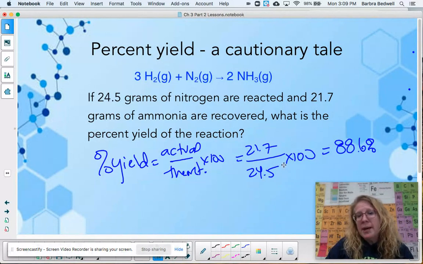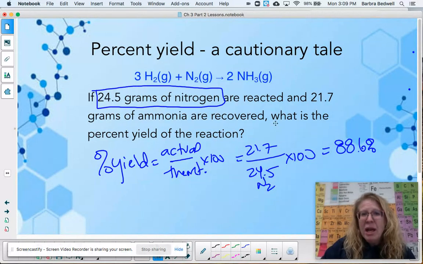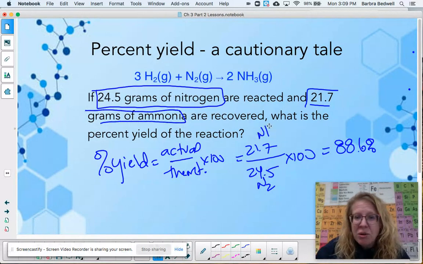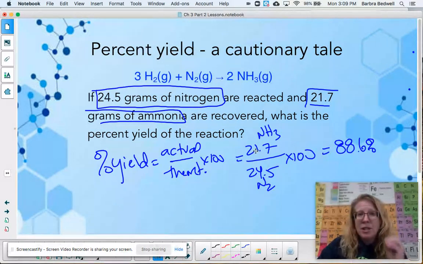And here's why. These are two different compounds. 24.5 grams of nitrogen, that's this stuff, N2, and 21.7 grams over here of ammonia, NH3. You can't do that. Literally, this is apples and oranges. You cannot do percent yield problems with two different chemicals.